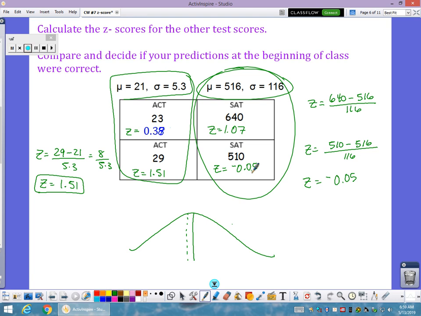All right, so if we wanted to put them in order, we would say this would be the lowest because it's below the mean. This would be the next because it's a little bigger. It looks like this would be next, and this would be the largest, the highest score of all of them. So it's easier to compare if we standardize them, right? We put them in a format that we can compare them.